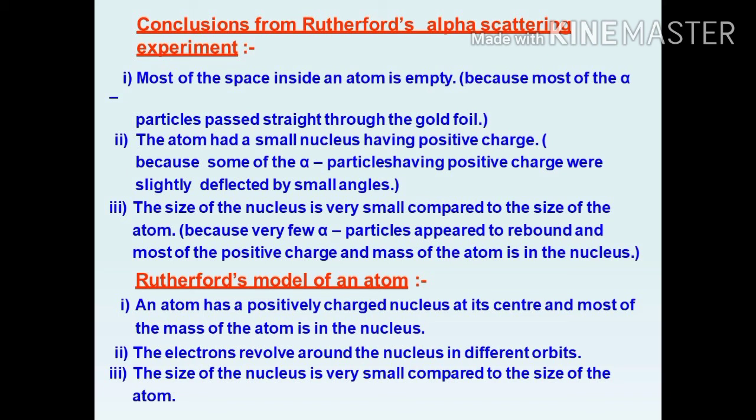The size of the nucleus is very small compared to the size of the atom because very few alpha particles appear to rebound, and most of the positive charge and mass of an atom is in the nucleus.